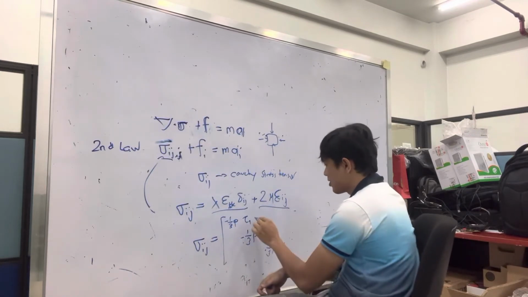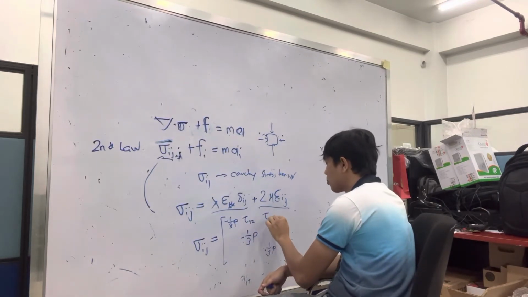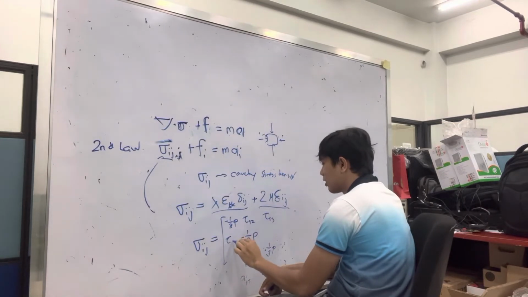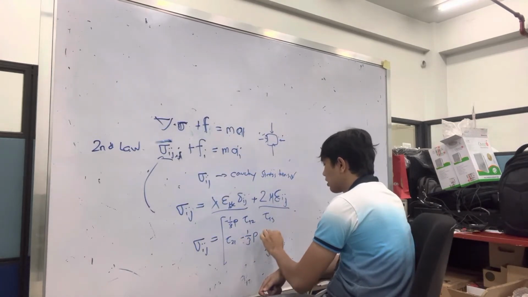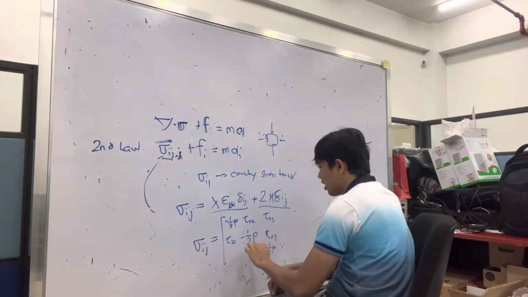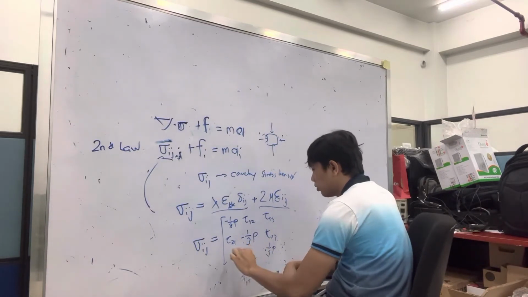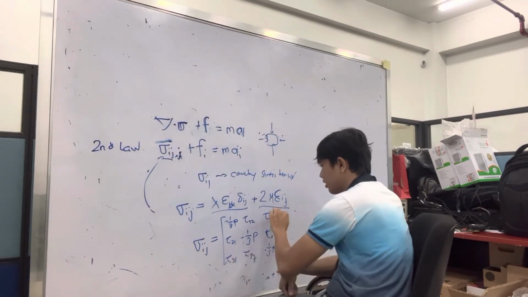So, isa-substitute na agad. So, tau 1,2, tau 1,3, tau 2,1, tau 2,3, tau 3,2, tau 3,1.